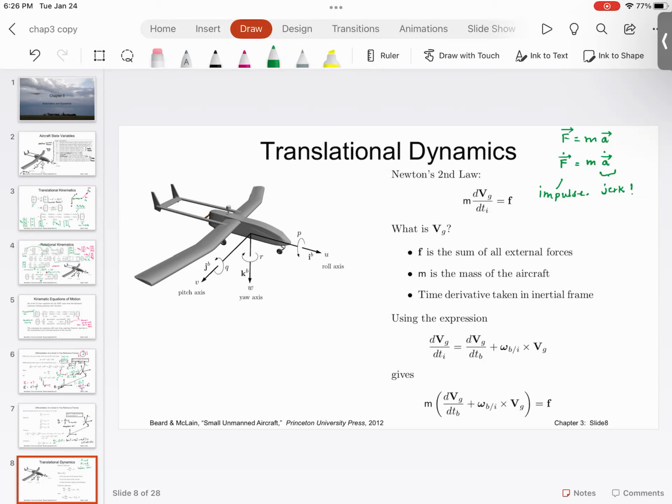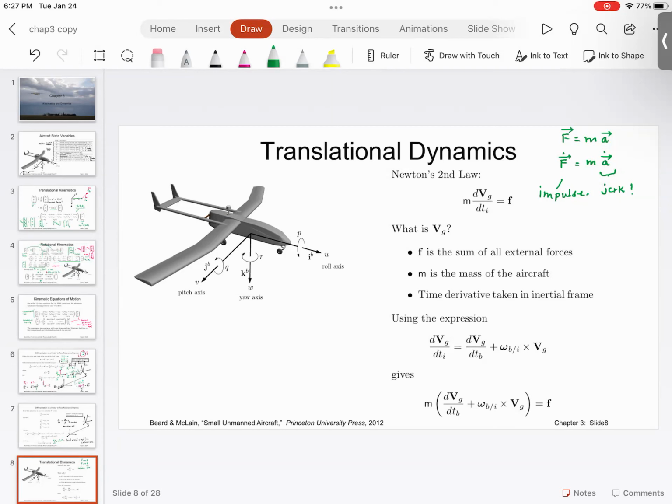But please understand, when you have a rocket whose mass is changing because of fuel consumption, or an aircraft where fuel gets burned, you cannot assume mass to be constant when applying Newton's law.